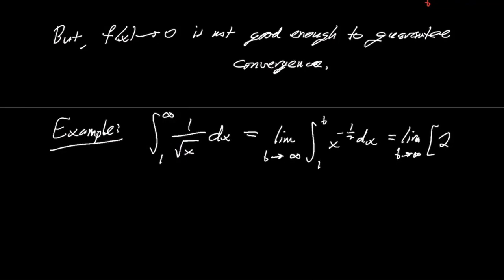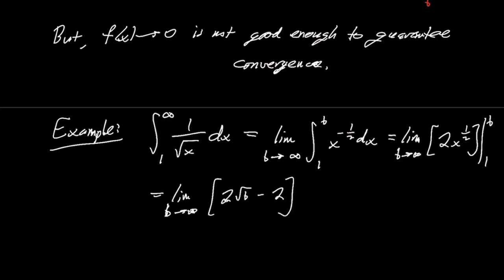So the antiderivative of x to the minus 1/2 is 2x to the 1/2, right? So that's still the limit. But now that's 2 root x, and we're plugging in b and we're plugging in 1. So that's 2 root b minus 2 times root 1, which is just 1. So we get this expression now.